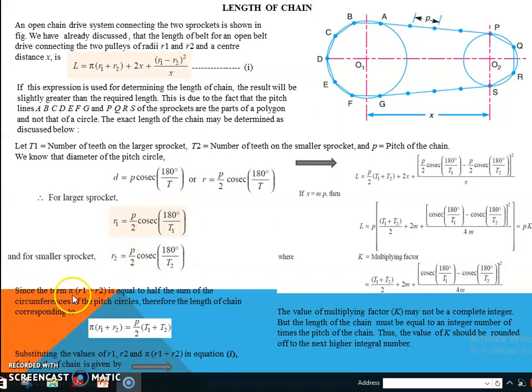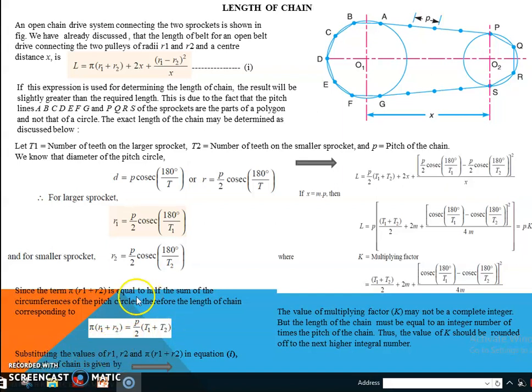Since the first term π(R1 + R2) is equal to half of the sum of circumferences of the pitch circles, the length of the chain corresponding to π(R1 + R2) equals P/2 into (T1 + T2).